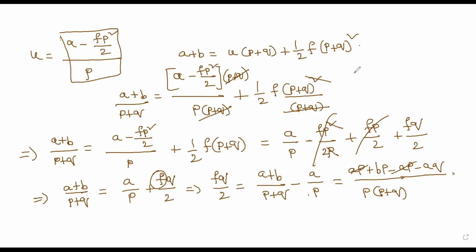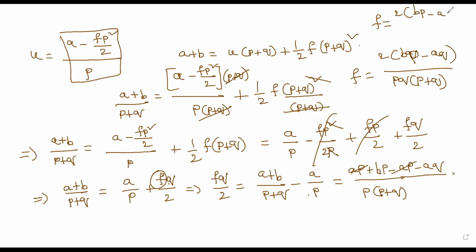Now you have to find f. So the 2 and q can be transported to the other side. So 2 times (bp minus aq) is what you get, divided by q into p into (p plus q). So f is equal to, that's the retardation what you get, that is 2(bp minus aq) divided by pq into (p plus q).